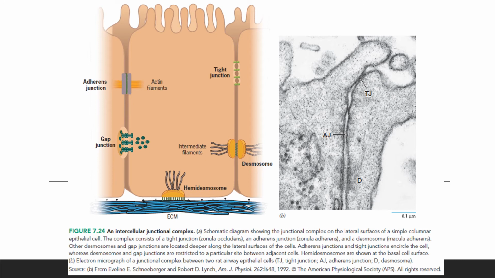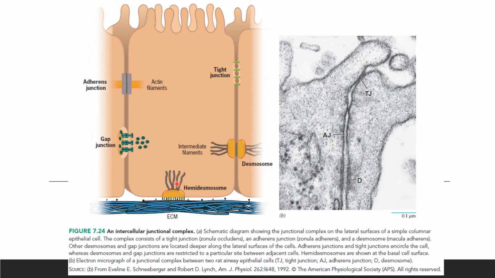Now, for you to be able to further understand how all of the information that we have discussed earlier works in your extracellular matrix, if this is the extracellular matrix, how are your cells linked to the extracellular matrix? So you have here your hemidesmosomes.